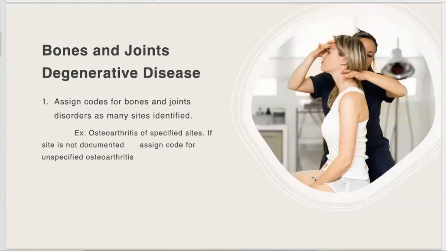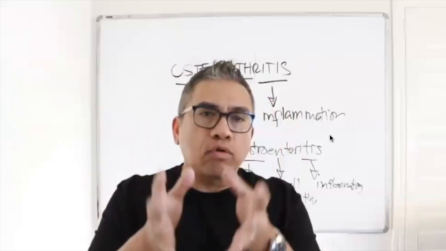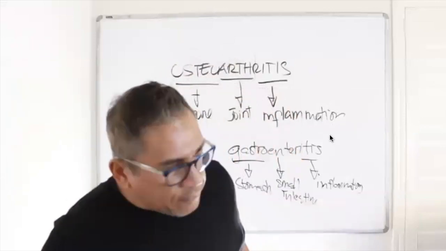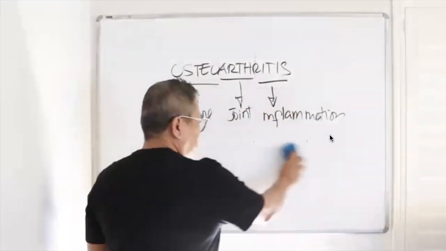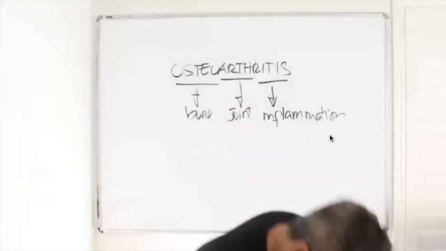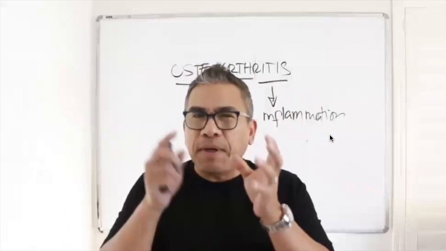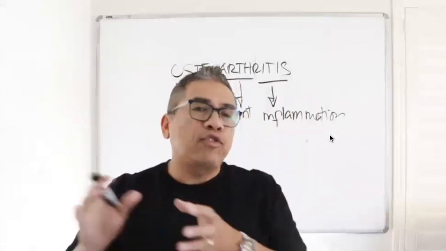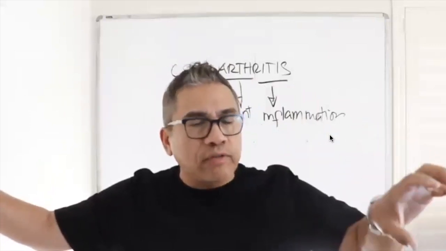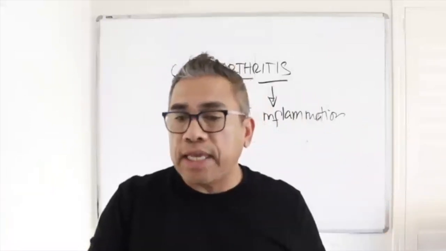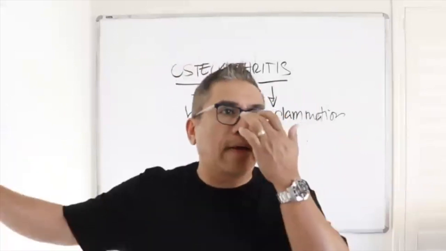Now, it is very important that coders understand the difference between a degenerative disease and an injury. Especially for musculoskeletal, you have to be able to identify whether this condition is a degenerative disease or whether it is actually an acute injury. Now, why is that? This is the reason why.